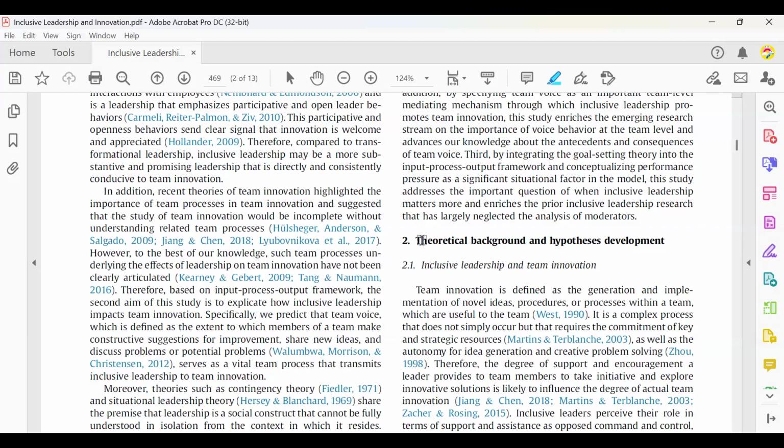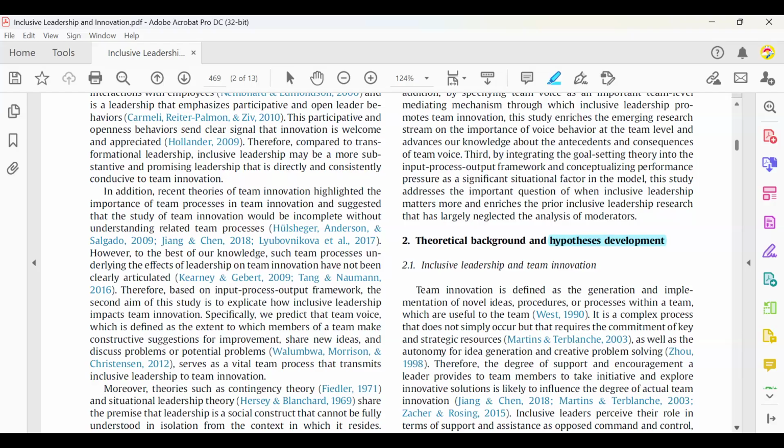The second section is about the theoretical background and hypothesis development. As we have discussed before, hypotheses are very important in quantitative studies. It is through theory, it is from the literature that you make a hypothesis for the population you are studying.